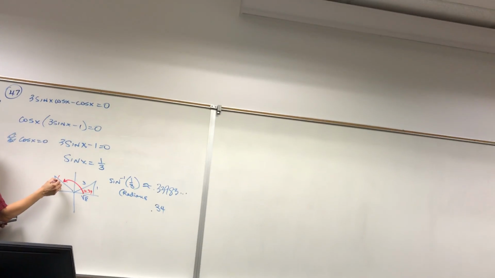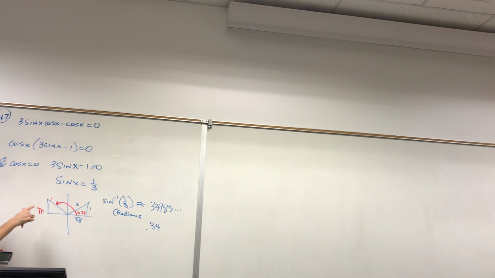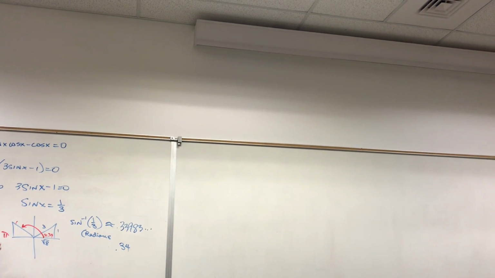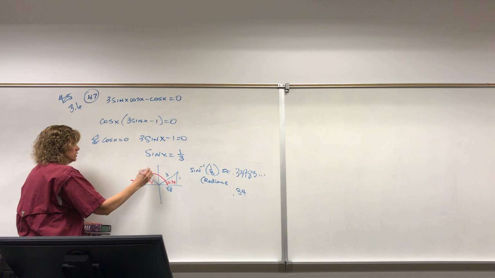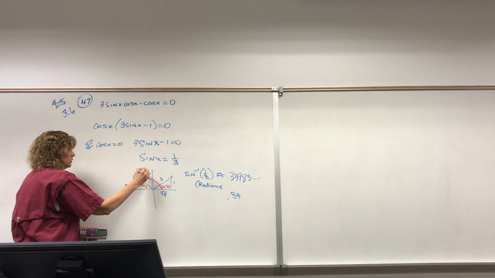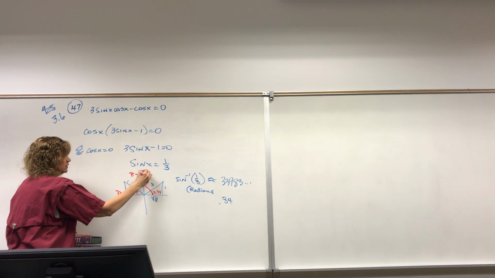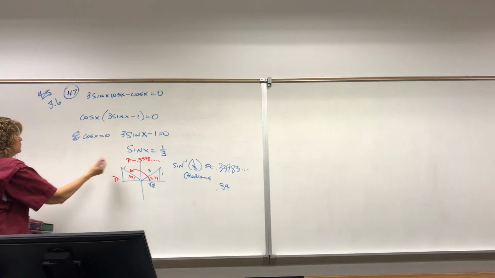In radians, we want to think that this is pi, and we're not going to use 3.14 for pi. We're going to use the pi button on our calculator. The reference angle is 0.34, so the angle that we're looking for is pi minus 0.3398, and so on.